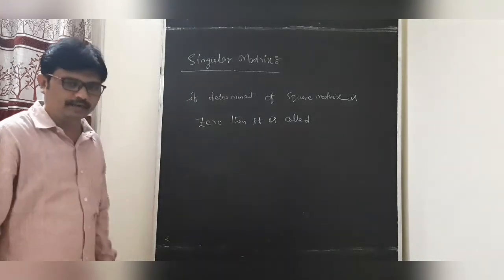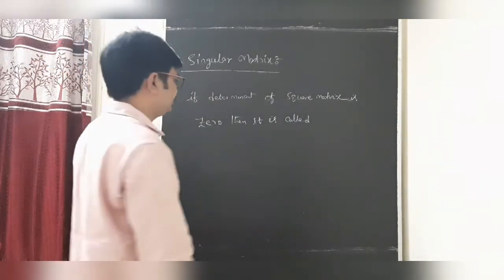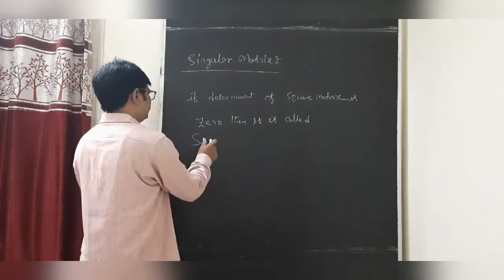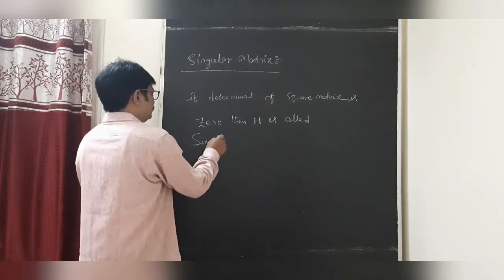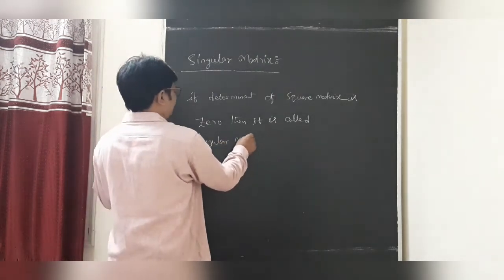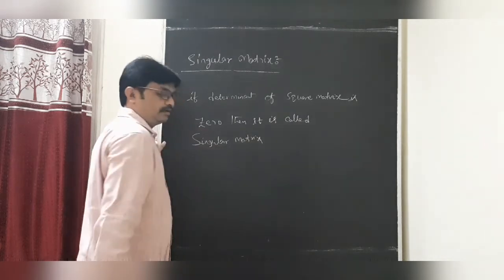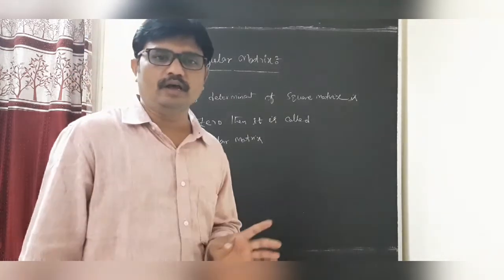Then the matrix is called a singular matrix. Otherwise, it is non-singular.